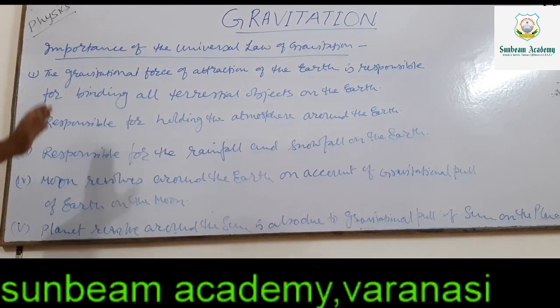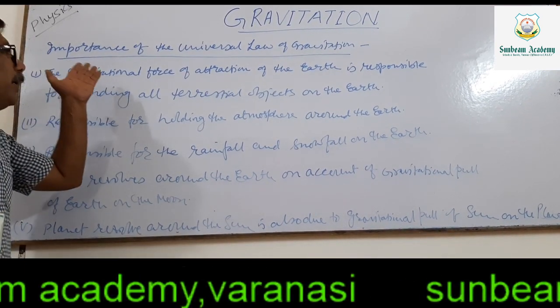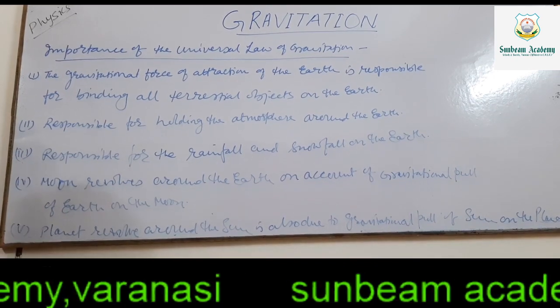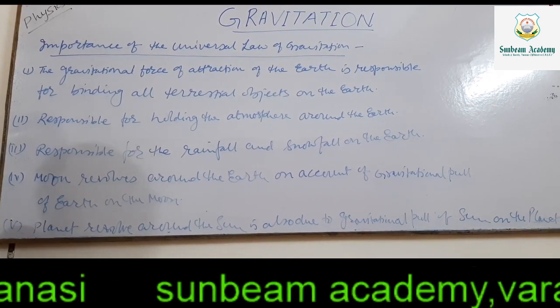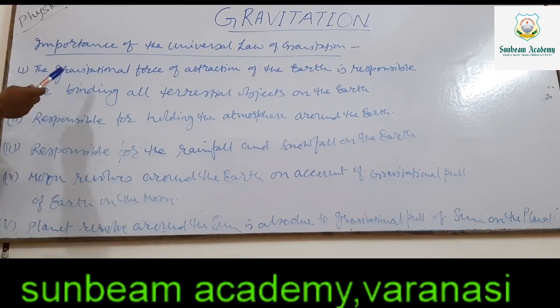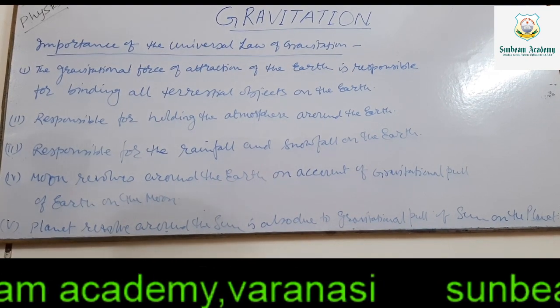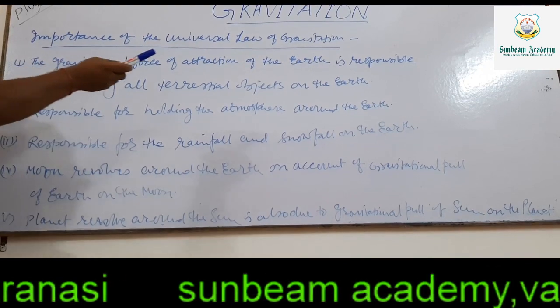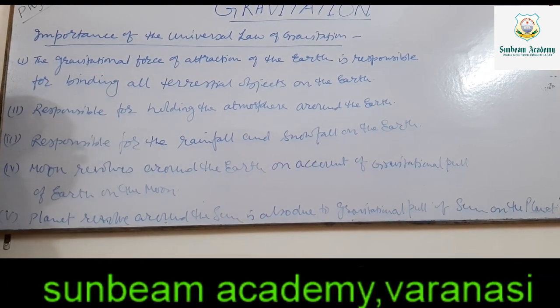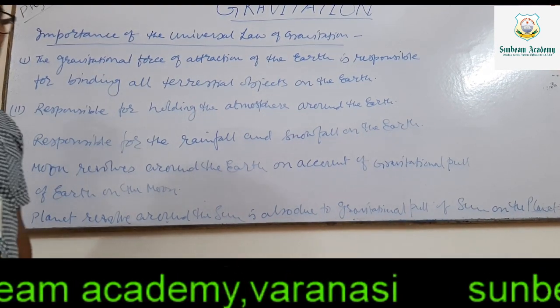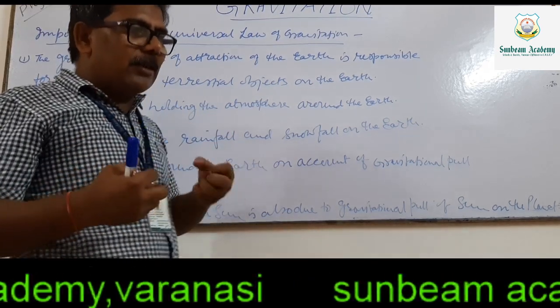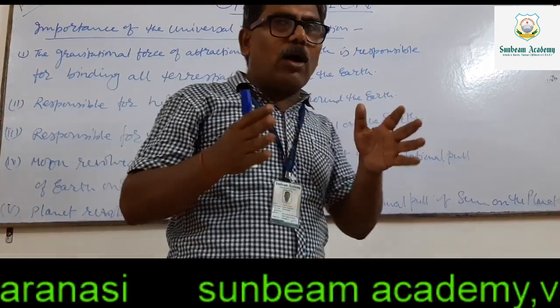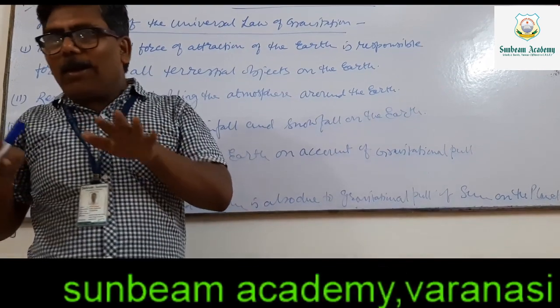Now let us see what is the application or importance of the universal law of gravitation. The first is the gravitational force of attraction of the earth. It is responsible for binding all terrestrial objects on the earth, which means it is this gravitational force that keeps objects stable on the earth.